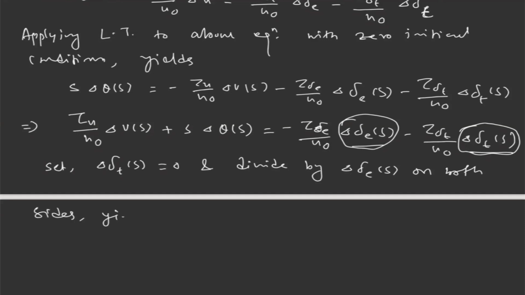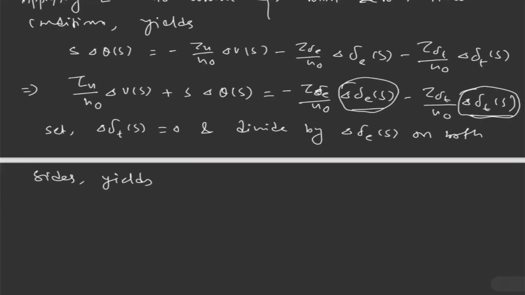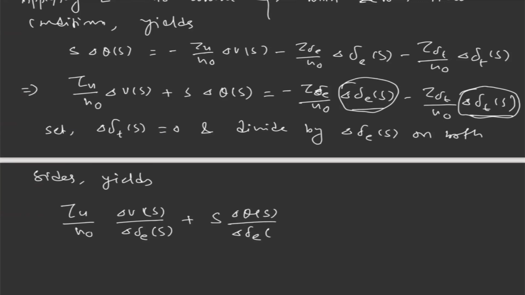Here we can write Z_U over U naught delta U(S) divided by delta_E(S) plus S delta theta(S) divided by delta_E(S) equal to minus Z_delta_E divided by U naught.